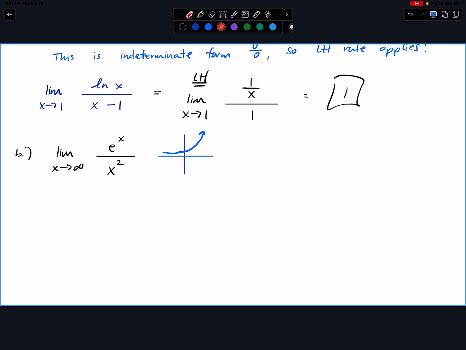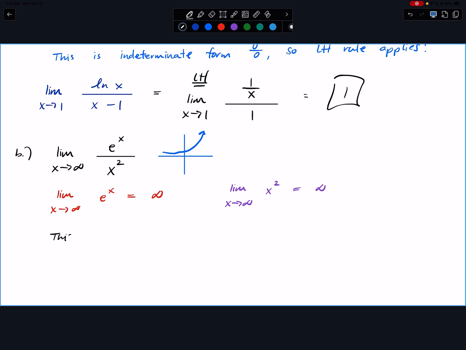So the limit as x goes to infinity of e to the x is going to be infinity. The denominator, the limit as x goes to infinity of x squared, is that going to be a small number? It's also going to be infinity.